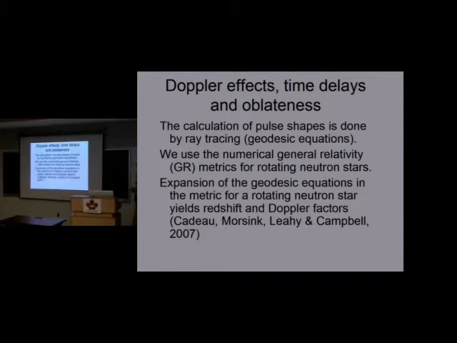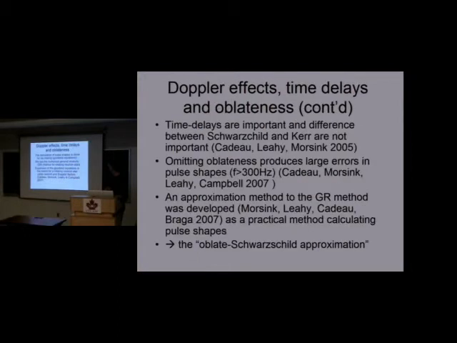So in a couple of papers, we made various approximations. You can do expansions and get analytic formulas and get a practical method. You get basically a power series expansion for various things, including the shape of the neutron star as a function of various parameters like the mass, the radius, and the rotation period.